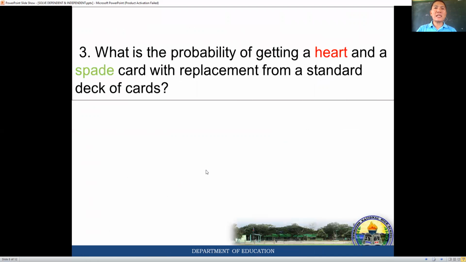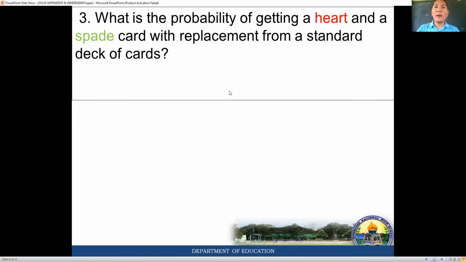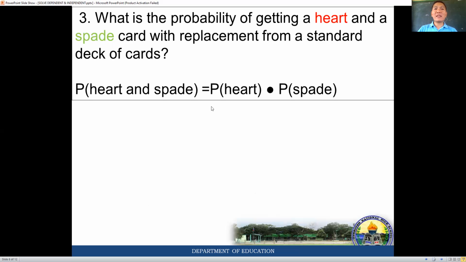Next, the third example. What is the probability of getting a heart and a spade card with replacement from a standard deck of cards? Okay. So binalik, ano? Okay, so these are independent events. So the probability of getting a heart and spade is equal to the probability of a heart times the probability of a spade.